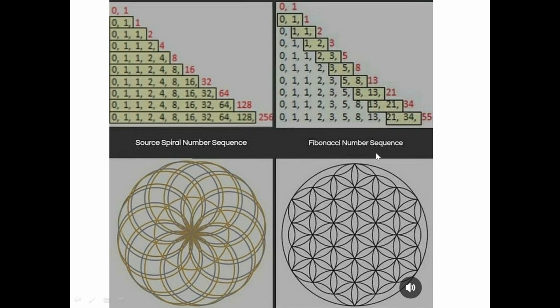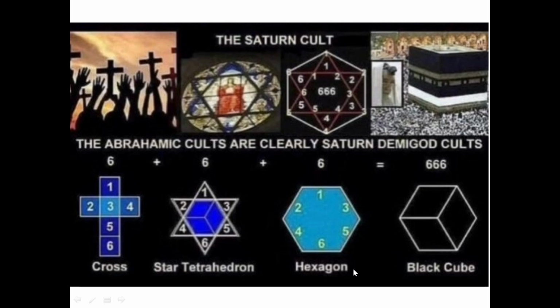So again, the Fibonacci sequence feeds on itself. We can see the design as a spiral source code that is creational. Here we have Janus, here we have Mother Gaia. And we have the satanic cult of the black cube.